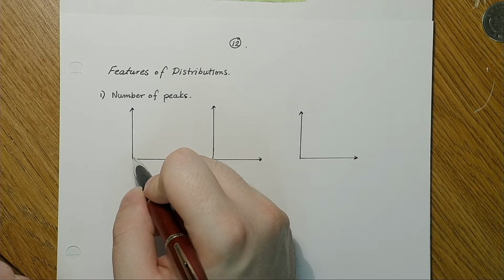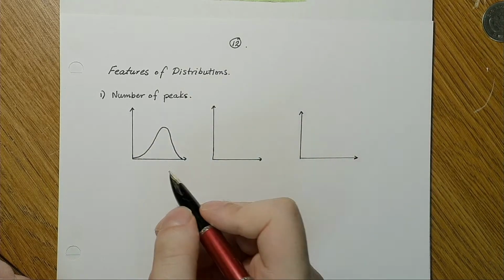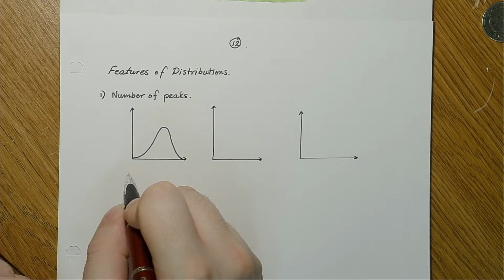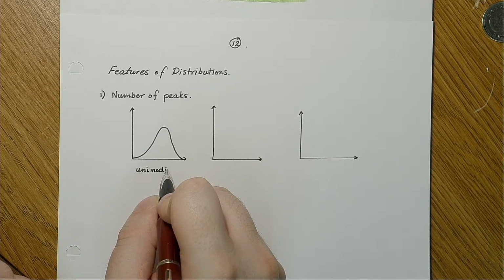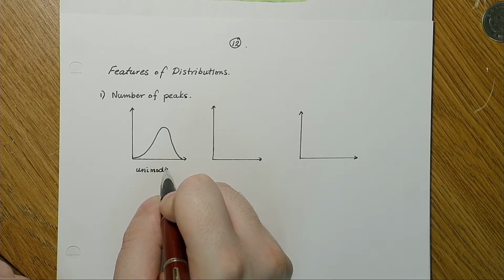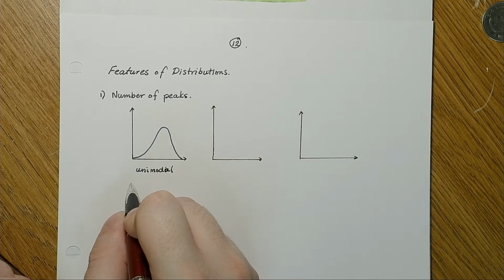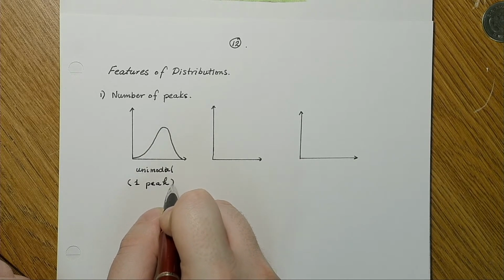So we can have one peak, so something like that. Oops, unimodal. So that has one peak.